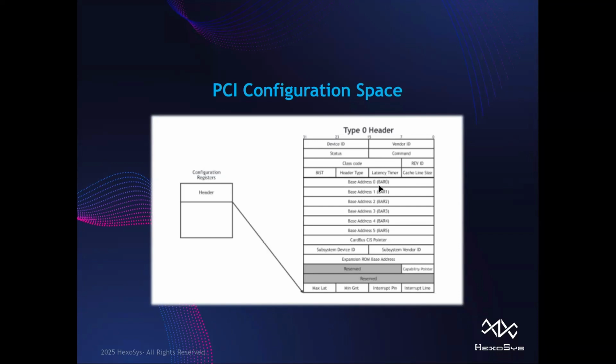So the root of the system or any other device can communicate with this device by reading and writing different addresses, starting from a base address. And each base address has a specific range that is introduced by the device itself to the upper layer.